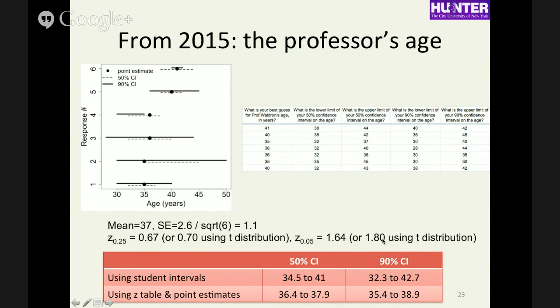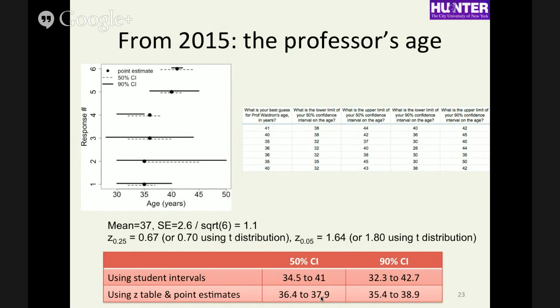But using that, I calculated the margin of error. Using the intervals that you gave, just taking the average of the minimums and the average of the maximums, I got a confidence interval of 34.5 to 41. But using the point estimates and the z table, it's actually much smaller, 36.4 to 37.9.